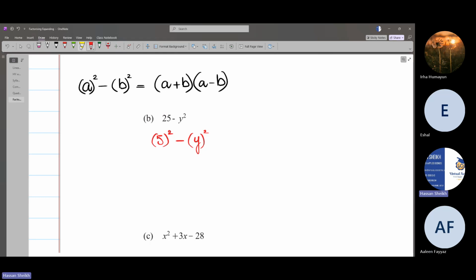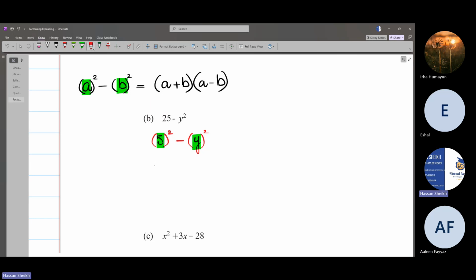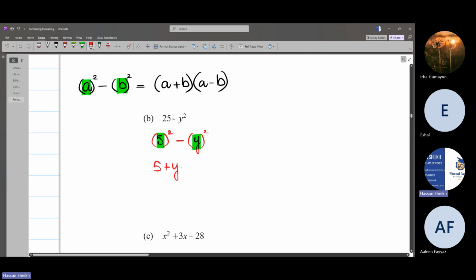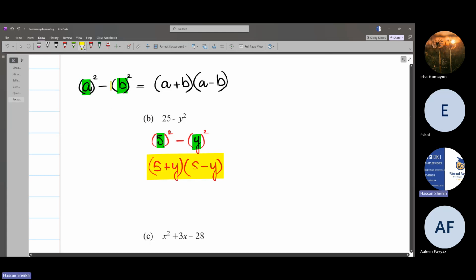Now, do you agree that it looks like a square minus b square? This one. Is that a square minus b square? Yes. So how will we write it? a plus b into a minus b? Yes. Exactly.